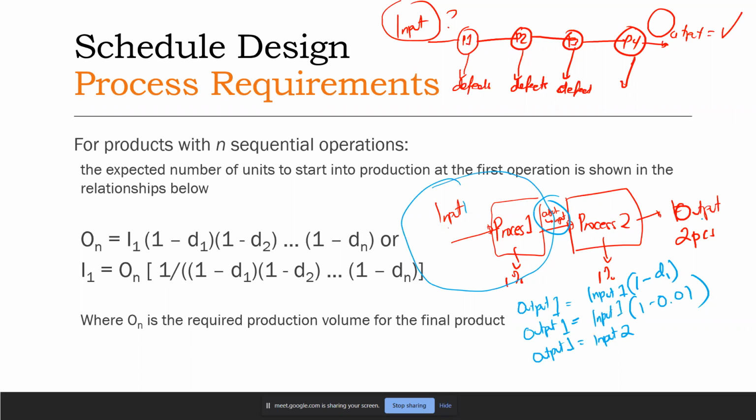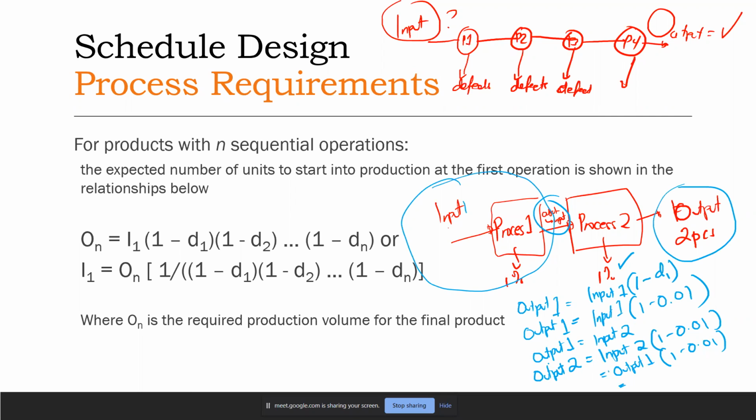And then, kung titingnan natin to, you can consider output sub 2, which is 2 pieces, times input sub 2, 1 minus 0.01. So ang titingnan natin, input sub 2 is equal to output sub 1 times 1 minus 0.01.